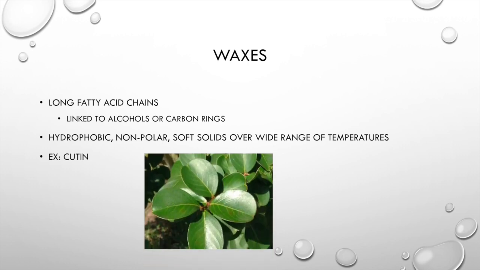This provides a protective waterproof coating for stems, leaves, and fruits, as well as on the skin and feathers, and also the shiny exoskeleton of insects. So again, preventing water loss and dehydration.